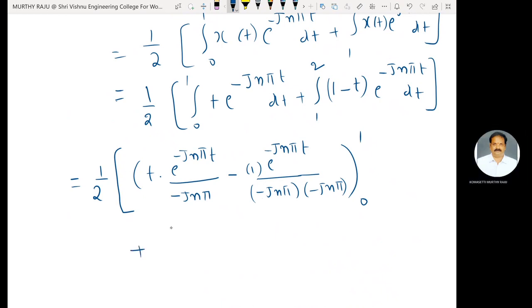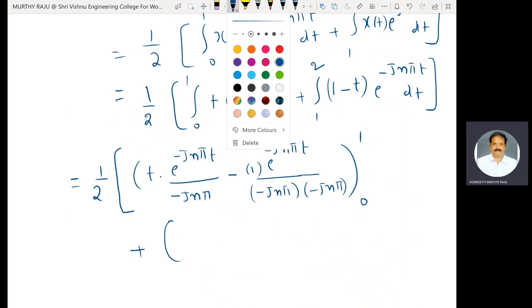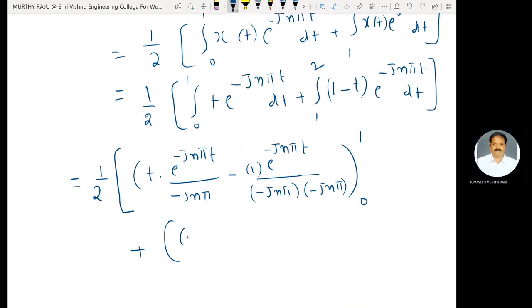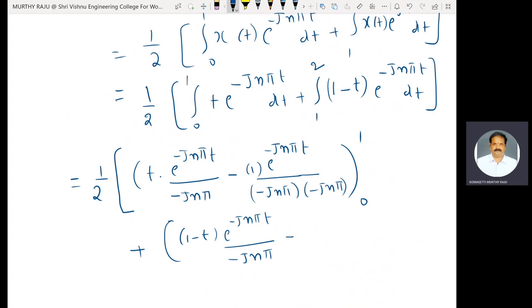Coming to this one, first function is 1 minus t. Integral of this one is e power minus j n pi t by minus j n pi, minus the derivative of 1 minus t, constant derivative is 0, minus dt by dt, that is minus 1.